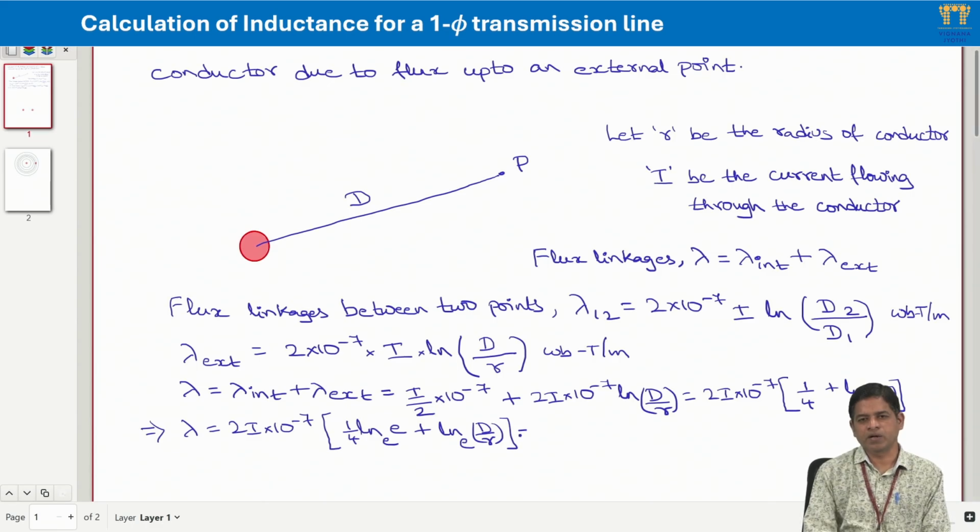So this again I can write as 2I into 10 power minus 7 into log e power 1 by 4 base e plus log d by r base e.